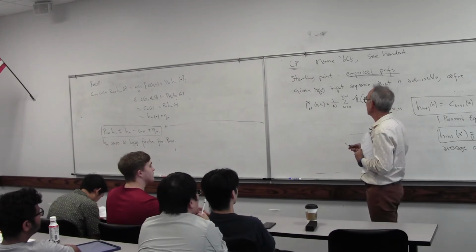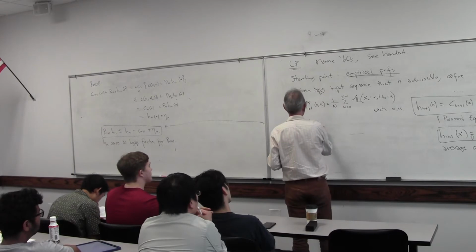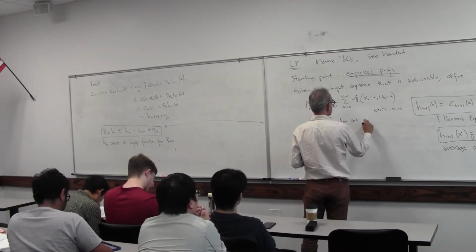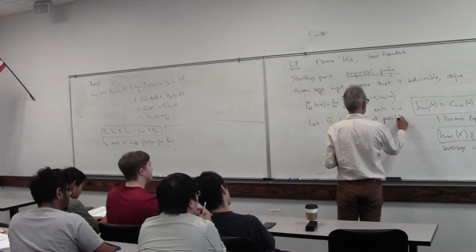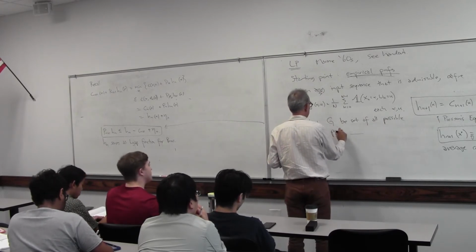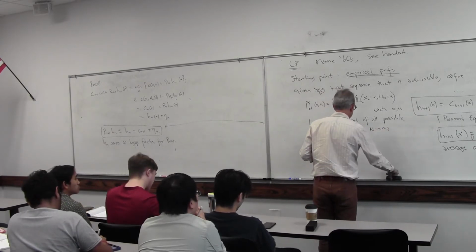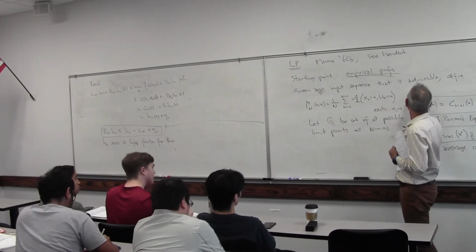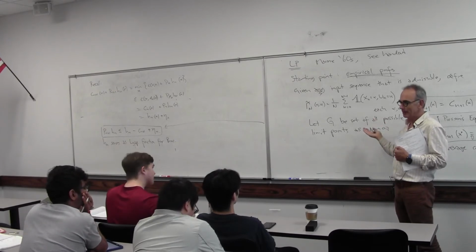As n goes to infinity, again, it doesn't converge, but we're going to let script G be the set of all limits. If you like, we'll restrict to inputs for which this converges, and then we look at all limits.